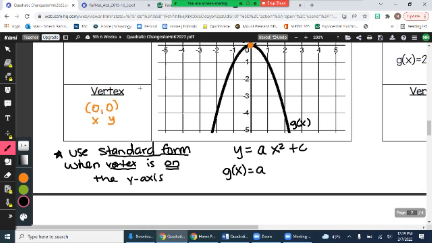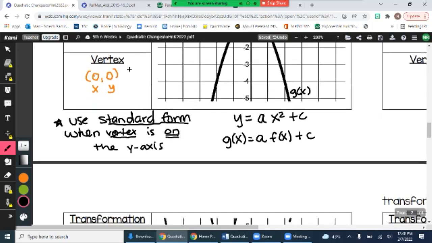And then the a remained the same. X squared we replaced with what? F of x. And the plus c remained the same. We were literally only changing the numbers in front of the x squared or behind the x squared, in front of f of x or behind f of x. But the x squared and the f of x are the same thing.